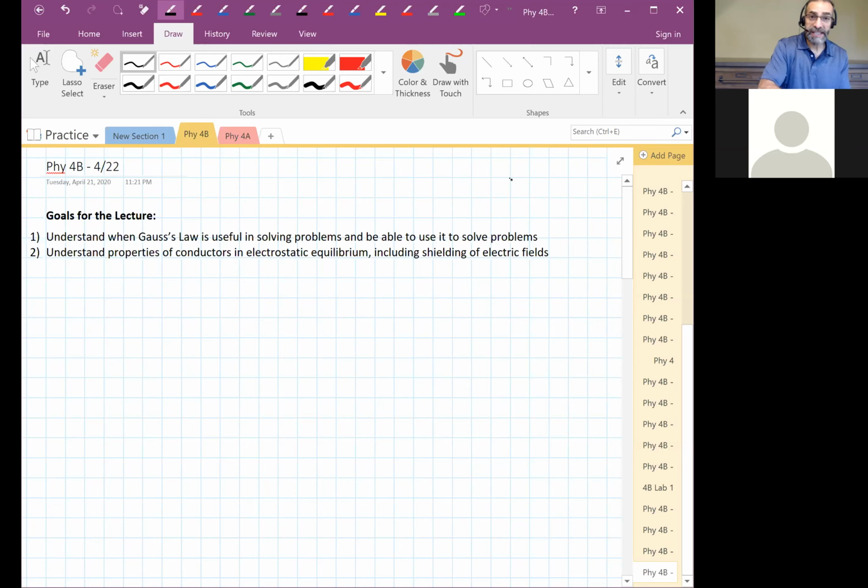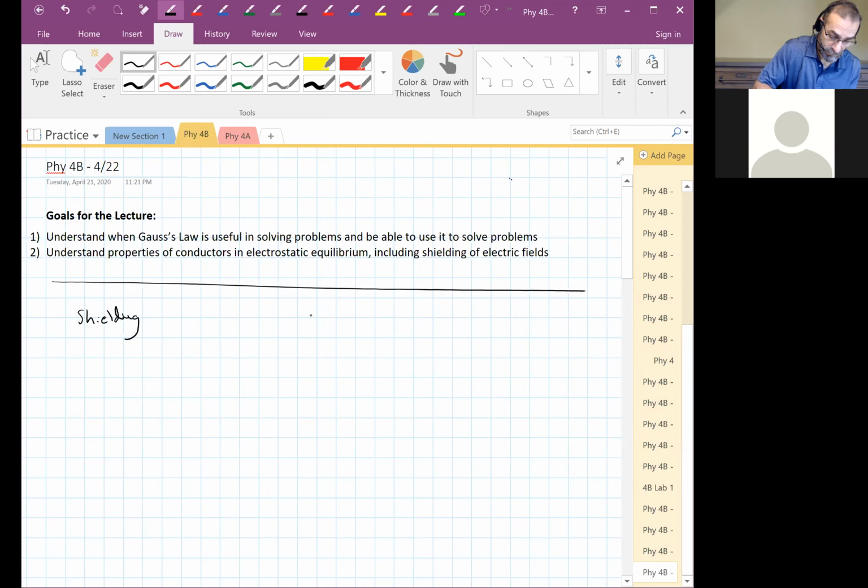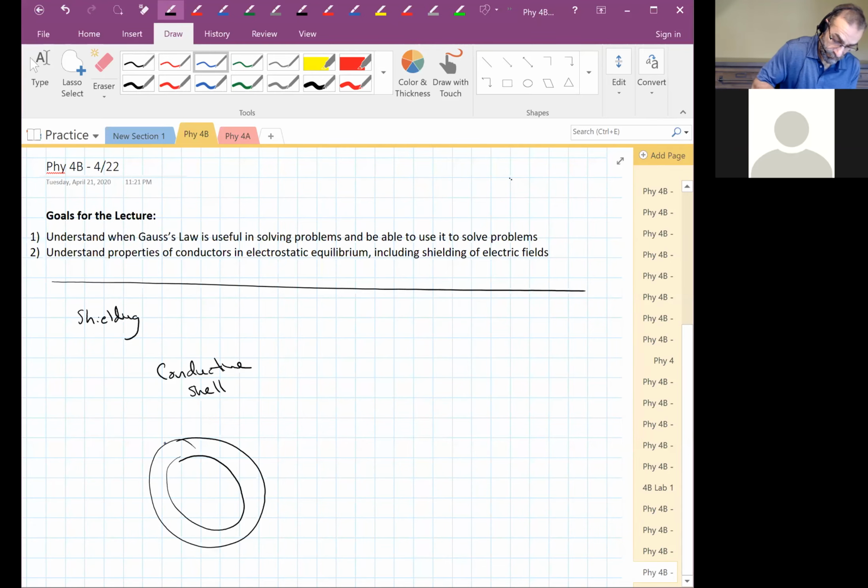We were talking about shielding last time, and let's just talk about that a little bit more. So if we have a conductive shell, so this is our conductor.